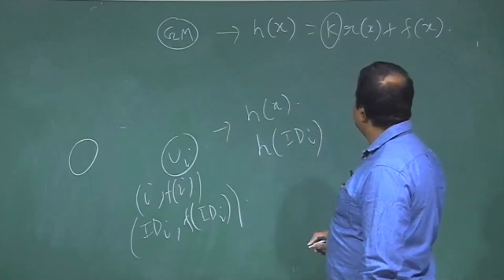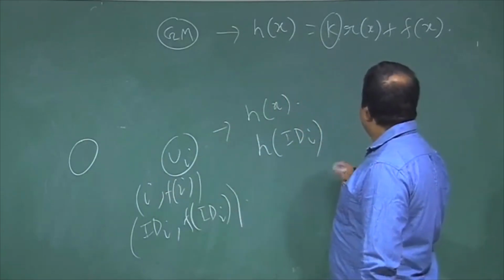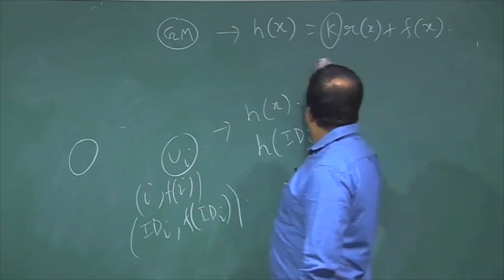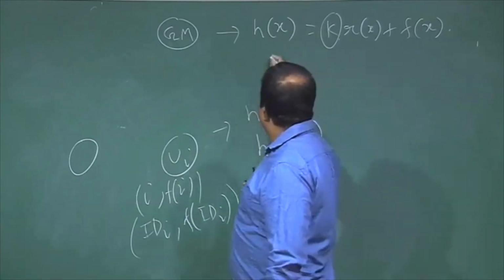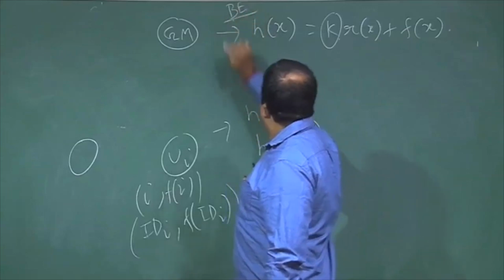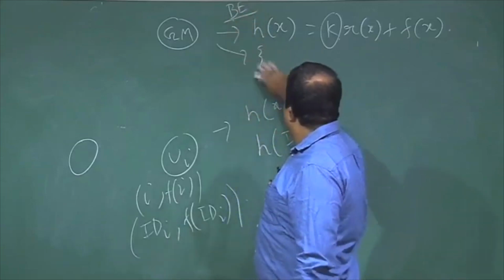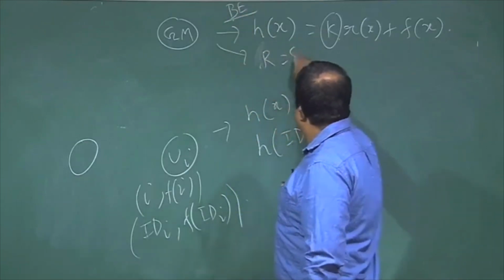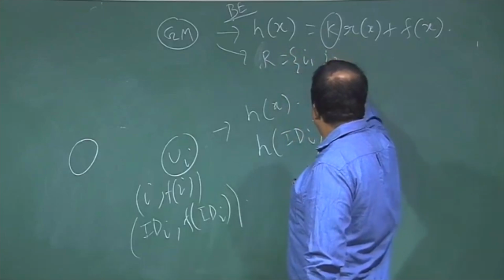After calculating this, note that it is also broadcasting the revoked user set. So what are the things it is broadcasting? This polynomial along with R, where R is the revoked user indices.